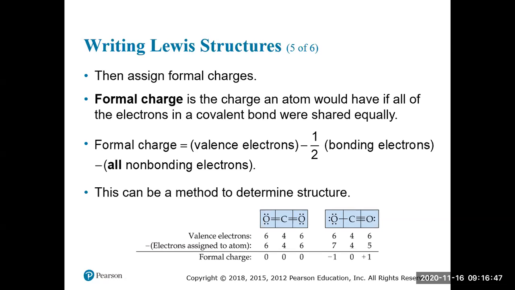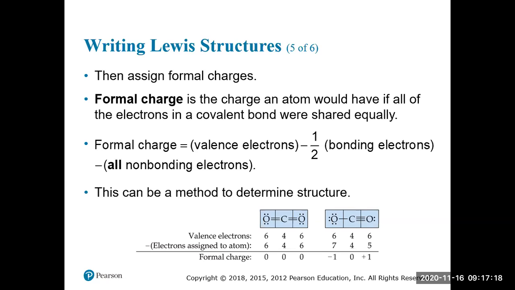And then we have the electrons that are assigned to the atom. In other words, for electrons assigned, it's 6 in this one with the 2 double bonds. It's 6: the 4 free electrons, and then 2 shared electrons, because those are double bonds, so 1 of each. Carbon, 1, 2, 3, 4.